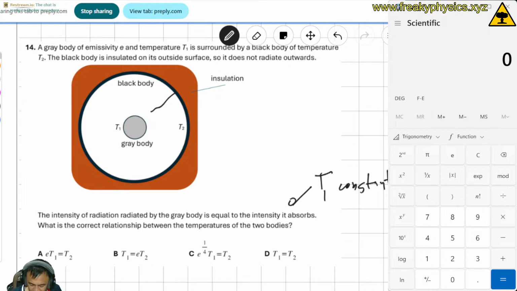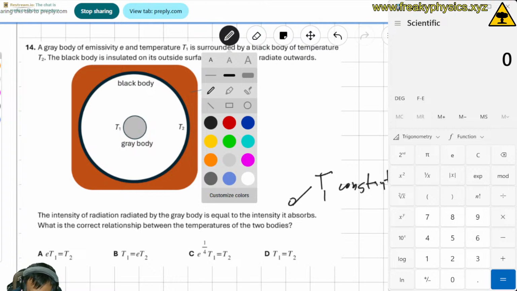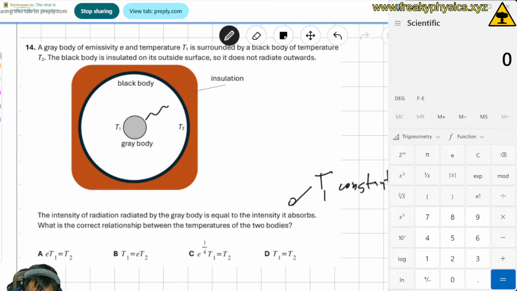Then another thing here for the black body, if you think about it this way: T1 will radiate and the black body will also radiate, and both of these emissions will be of equal intensity. So let's say this is I1 coming out and I2 coming in.